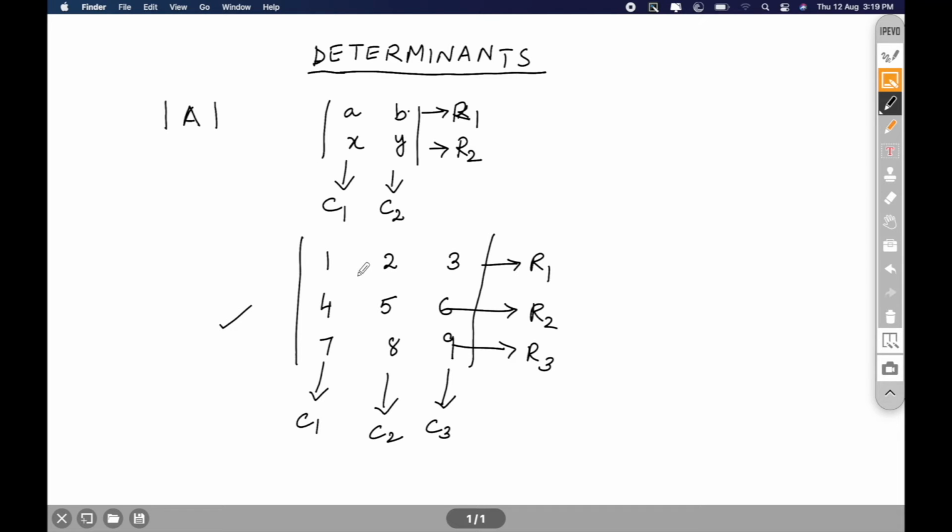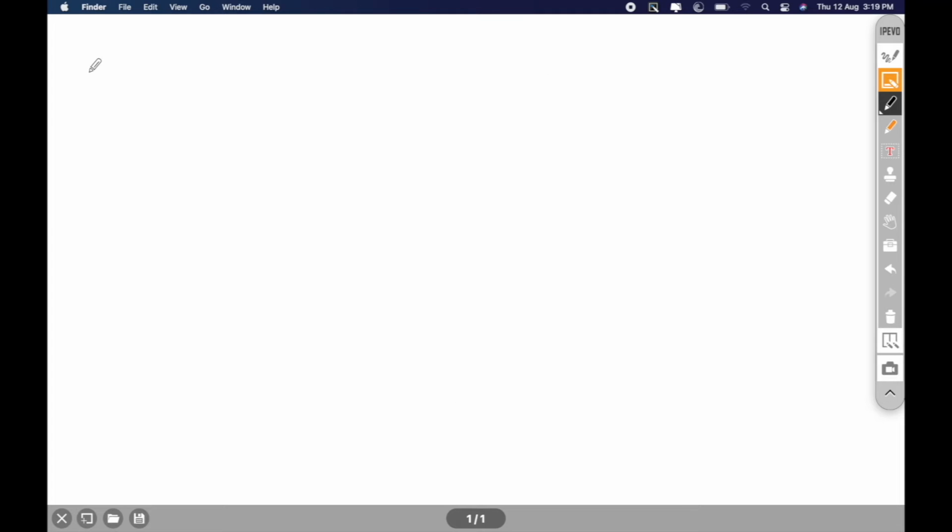Now, before we learn how to evaluate a determinant, we must learn about the terms cofactor and minors. So what are, first of all, minors? Minors are again determinants which are obtained by omitting the row and column in which an element of the determinant occurs.